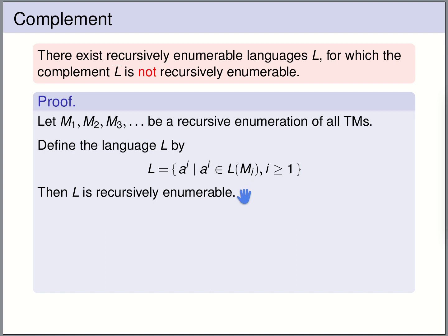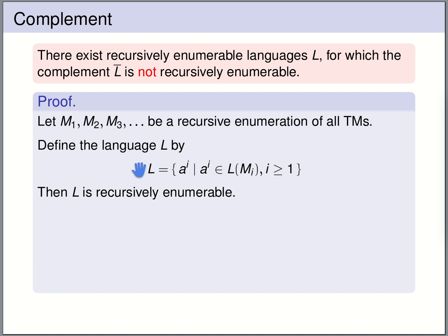So we have constructed a deterministic Turing machine that accepts an input a to the power i if and only if the machine Mi accepts the input. We have used that we have a Turing machine that enumerates all Turing machines and that we have a universal Turing machine. We've combined both of them to construct the Turing machine for the language L.